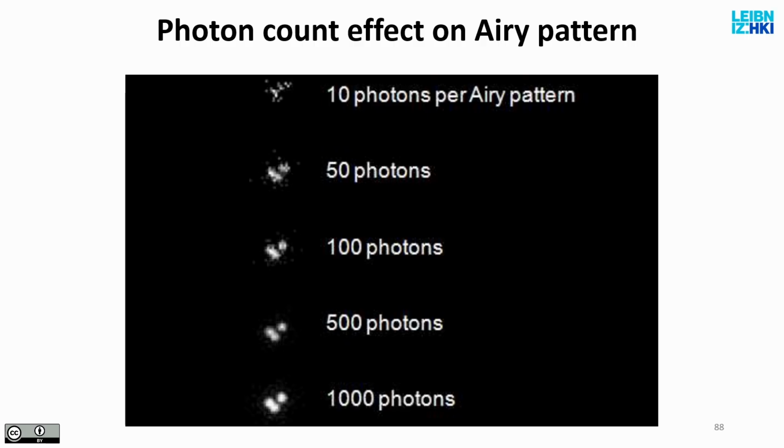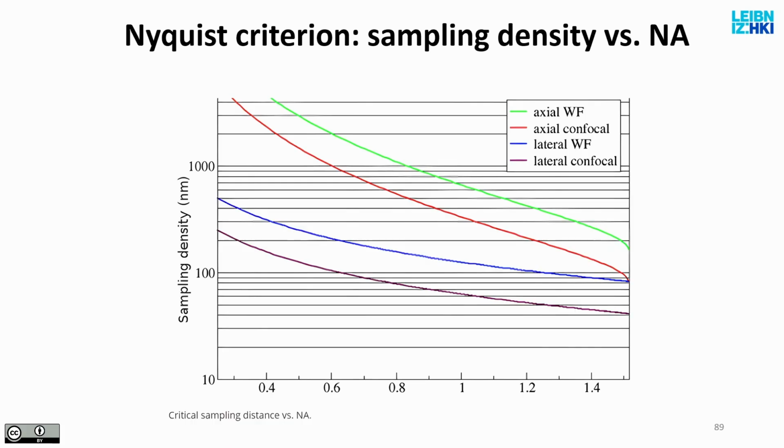Keep this in mind, that sometimes you need more photons, which you can achieve by making the detection time slower, so slowing down the scan, or increasing the laser power. It's always dependent on what the sample can actually tolerate.